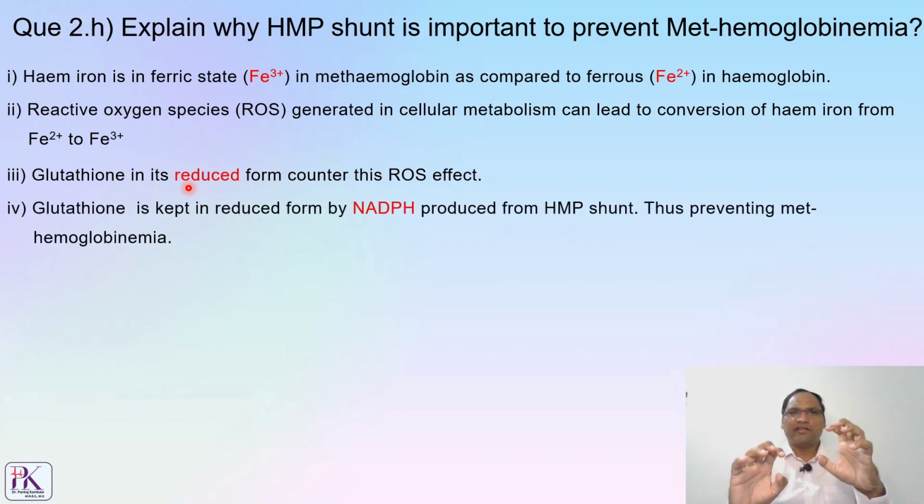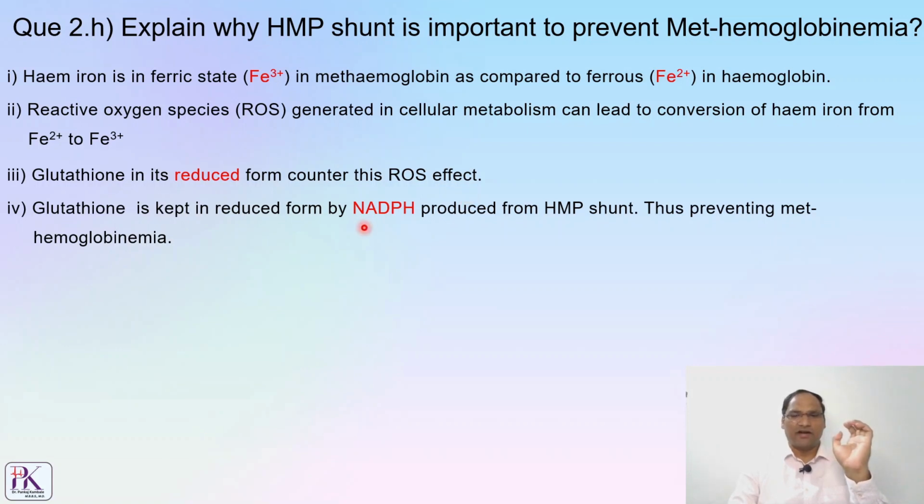Now, to keep glutathione in reduced state, you require NADPH, and NADPH is produced from the HMP shunt, and thus it prevents formation of methemoglobin or methemoglobinemia. So that is how the HMP shunt is important to prevent methemoglobinemia.